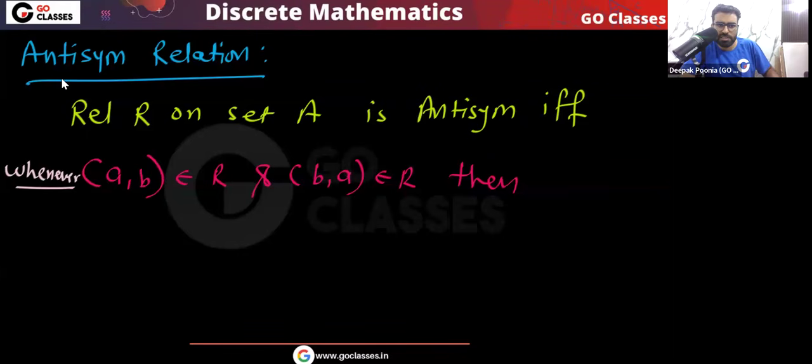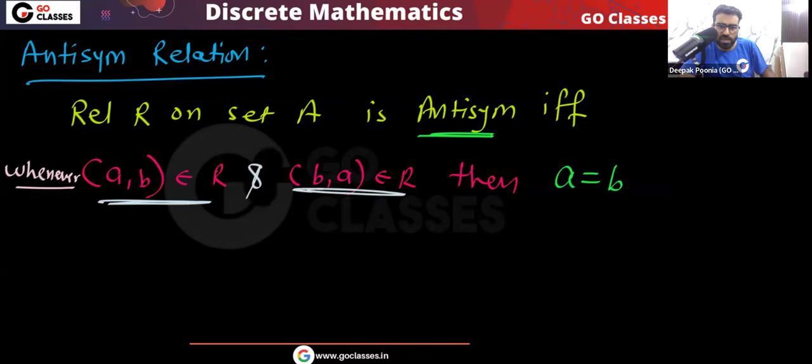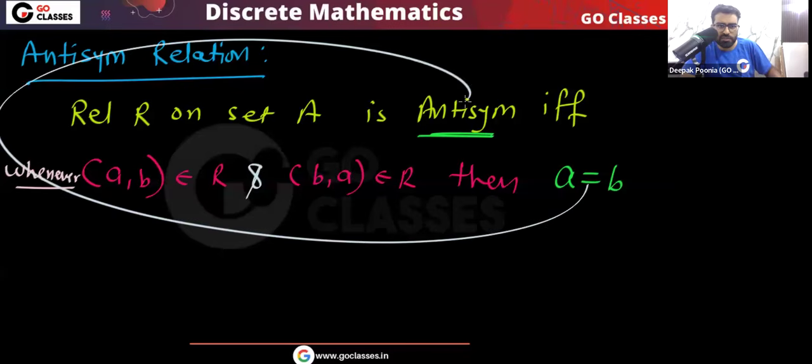In the lectures we have already seen this. Okay, do you agree with me? Do you remember this definition? Let me know. If (a, b) belongs to R and (b, a) belongs to R, then a equals b. So just use this definition and you can easily prove it.